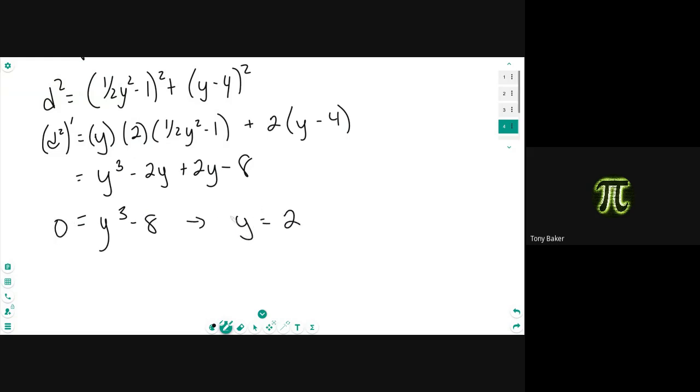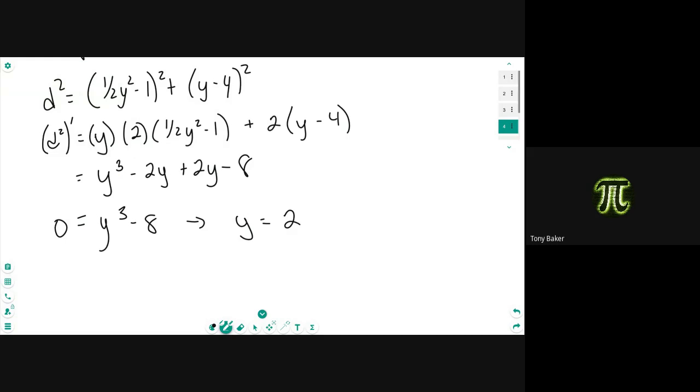So y equals 2. So I only have one critical number. y equals 2.